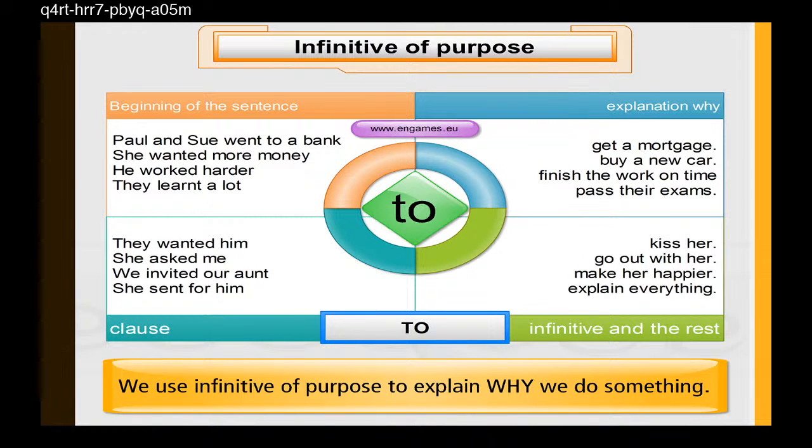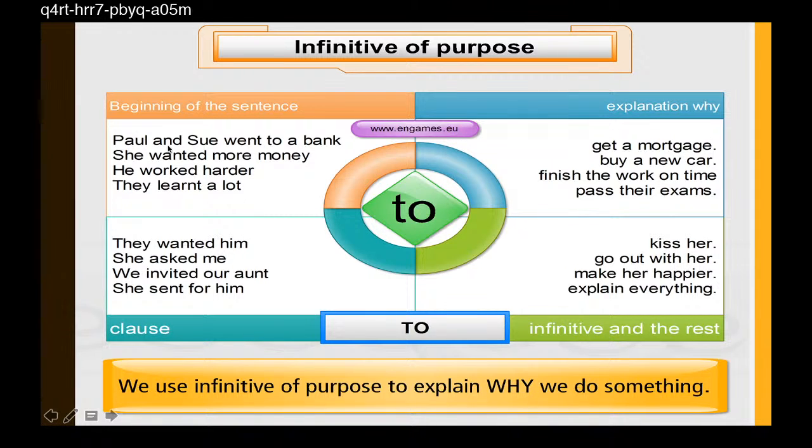We use the infinitive to explain why we do something. When we use the infinitive, we find the word to and the verb in its base form, because that's the infinitive structure. So in this unit, we are talking about how we can use to plus the verb in base form to express the purpose or the goal that we have when we are doing something.